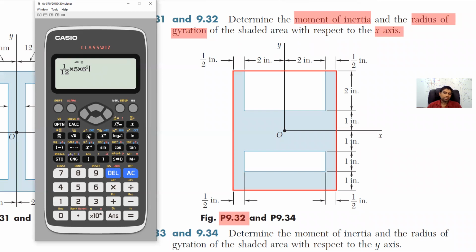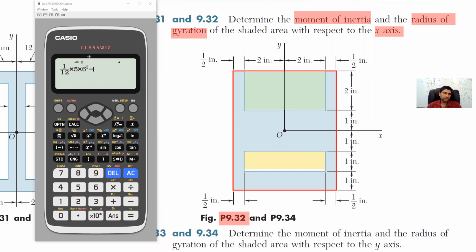So this is the moment of inertia of the biggest rectangle. From that, we have to subtract the moment of inertia of the two rectangles available, this green color portion and this yellow color portion.